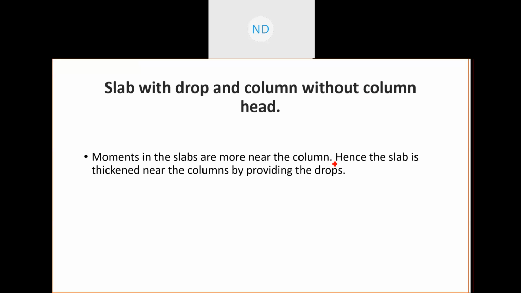So here we can increase the thickness of the slab because they are near to the column. There is no column head provided above the column, so the slab is nearer to the column, and we will increase the thickness of our flat slabs by providing these drops. Sometimes the drops are called the capital of the beam.